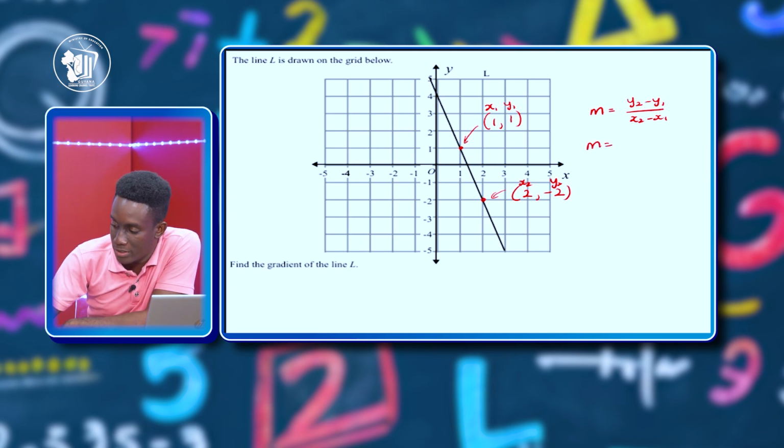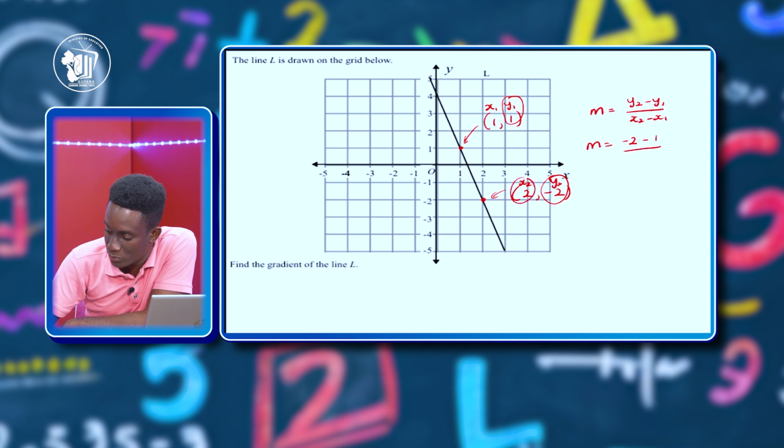So the gradient would be y2, which is -2, subtract y1, which is 1, all divided by x2, which is 2, subtract x1, which is 1. So the gradient will be equal to -2 subtract 1, which gives us -3, all divided by 2 subtract 1, which is 1. So the gradient will be equal to negative 3 over 1, or we can just say negative 3.